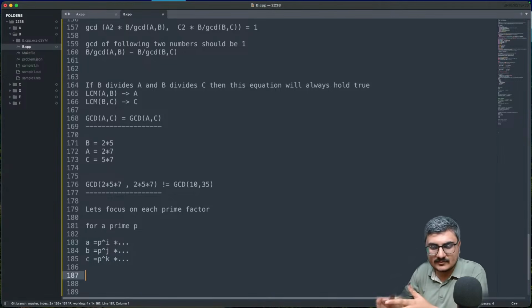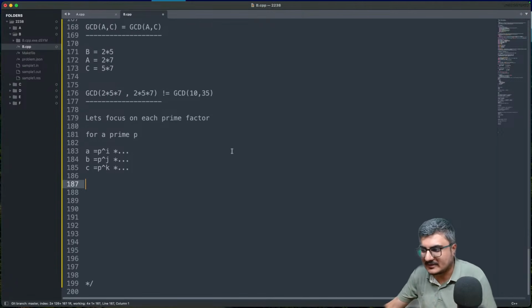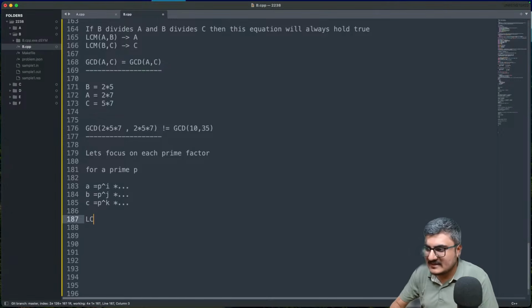That's fine, right? And we will try to solve it for all the prime factors. Then LCM of A comma B will have prime factor power max of I comma j. LCM of B comma C would be maximum of j comma k, and GCD of A comma C will be minimum of I comma k.